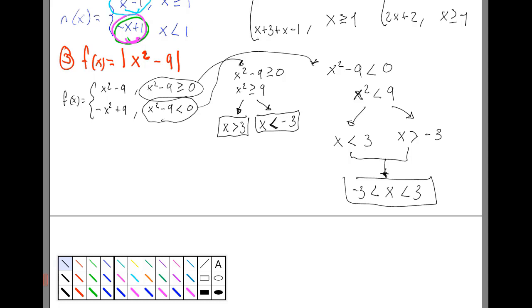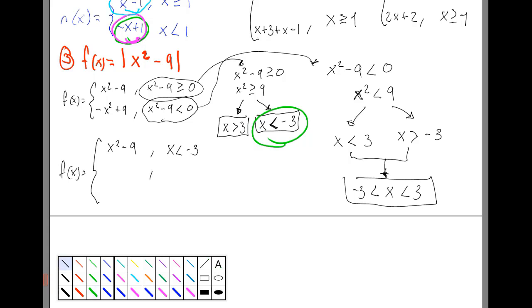Now we can use the notation and find the final notation for this piecewise function. It will be x squared minus 9 for values of x that are less than negative 3. We are using in this case this one.